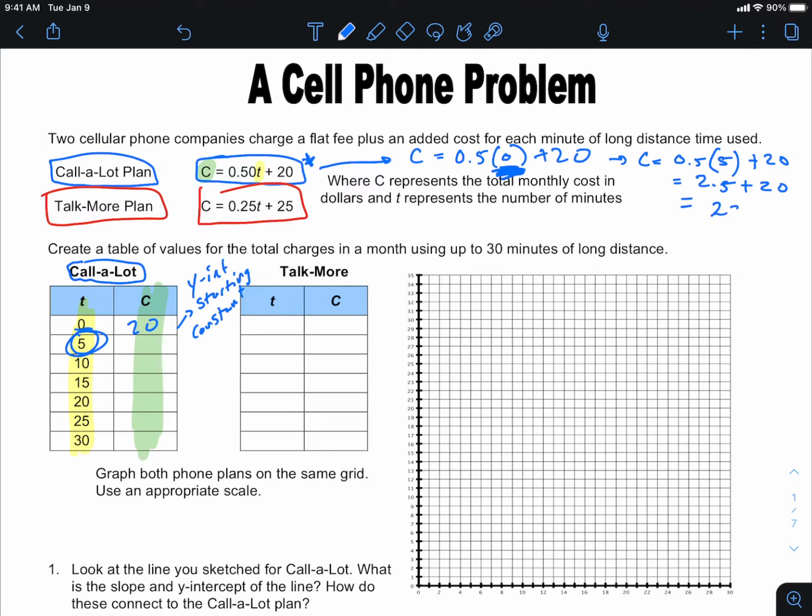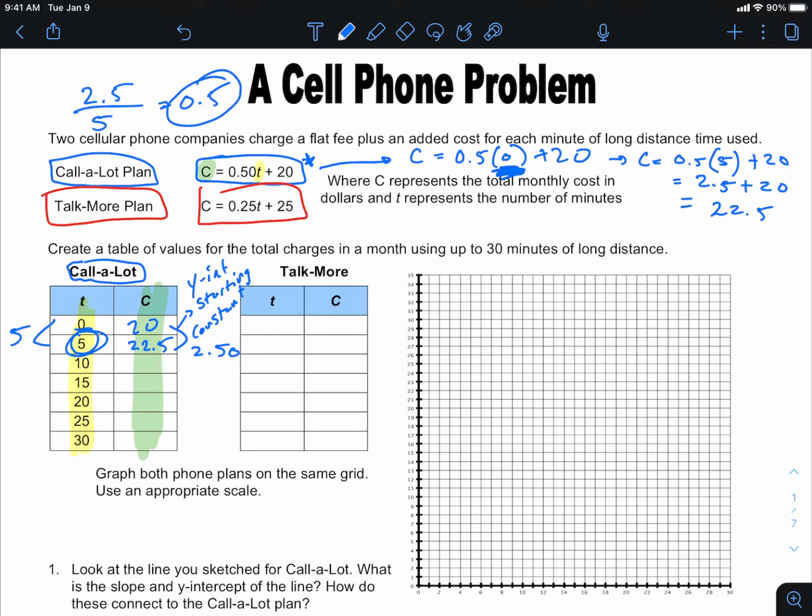That's going to be 22.5, and that's what's going to go here, right? So it looks like for every 5 minutes you talk on the phone, you're going to be charged an extra $2.50. And that's your slope, or 0.5, because 2.5 divided by 5, that's 0.5.